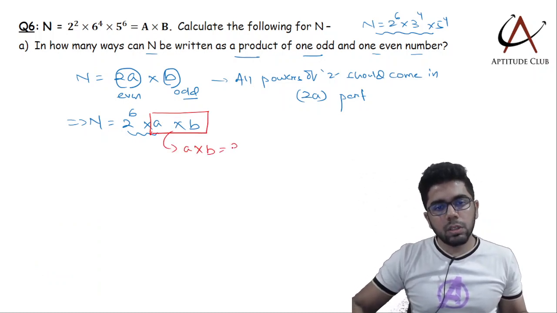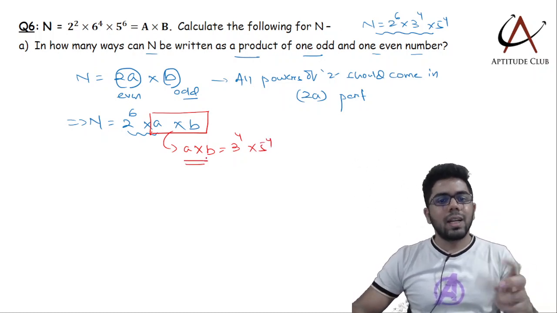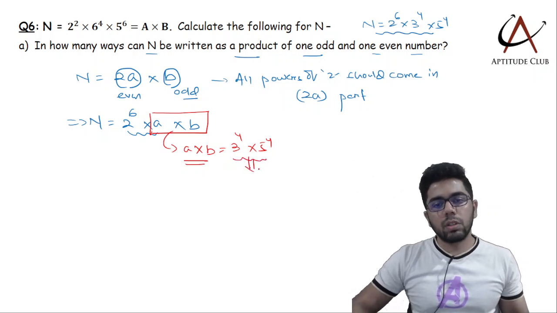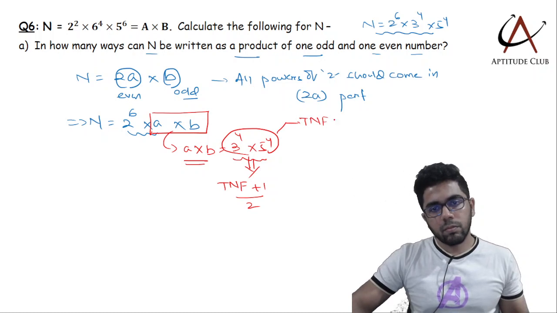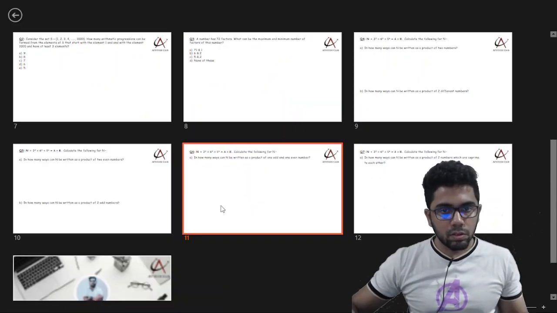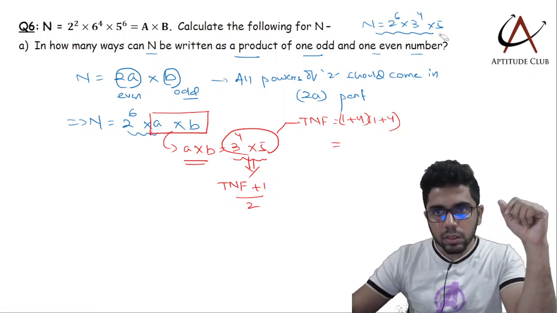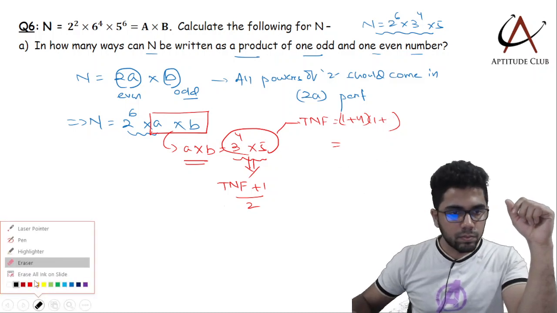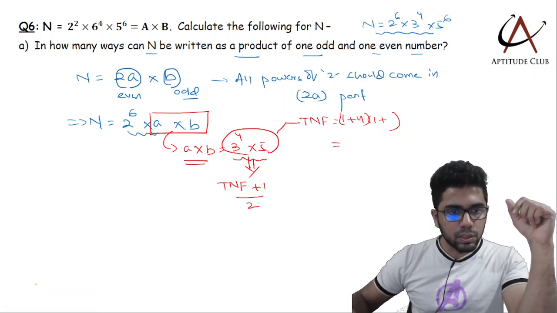आई कैन राइट a into b नाउ बिकम्स 3 to the power 4 into 5 to the power 4, क्योंकि 2 to the power 6 तो अलग हो गया. नाउ इन हाउ मेनी वेज कैन आई राइट दिस a into b? 3 to the power 4 into 5 to the power 4 का टोटल नंबर ऑफ फैक्टर्स प्लस 1/2 कर लेना है. इसके टोटल नंबर ऑफ फैक्टर्स कितने हैं? सॉरी, 5 to the power 6 है. 5 to the power 4 कर लिया, दिस इज 5 to the power 6. तो 3 to the power 4 into 5 to the power 6.